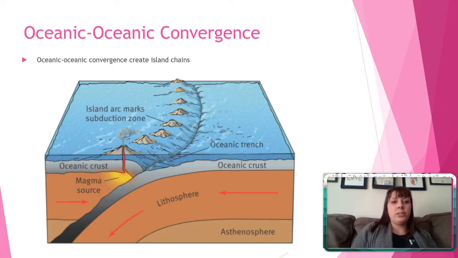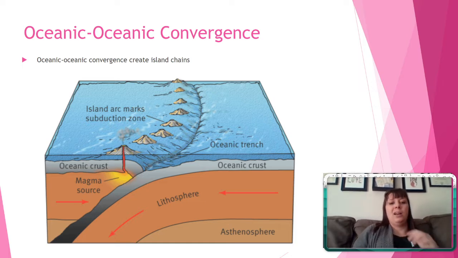Oceanic convergence, so it's where you have two oceanic plates coming together. Usually this is where we see things like our island chains or archipelagos, if you remember when we talked about that at the very beginning of the year. So, right, similar kind of a thing, right? One oceanic plate will kind of tuck and go under, creating that subduction.